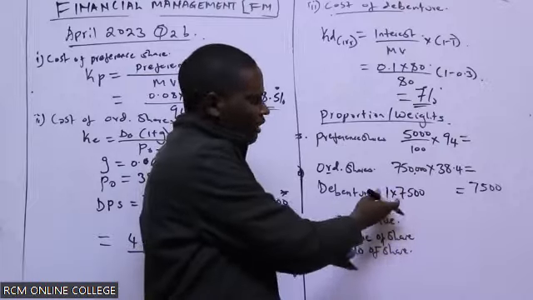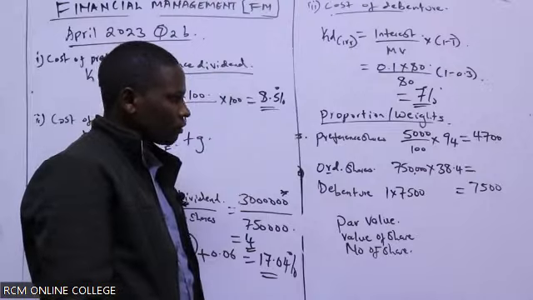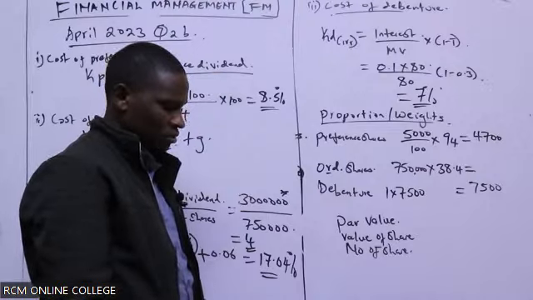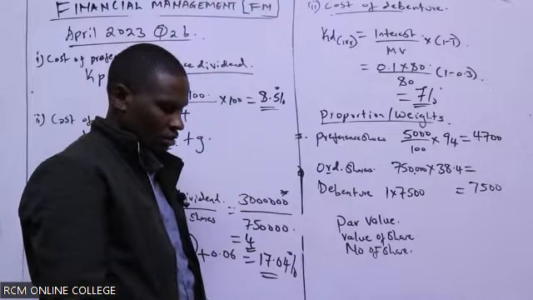Hiyo ingine nayo itakuwa mingi kabisa. Is it 750,000 times that? How much are you getting? Okay, ikuwe tu mingi ni sawa. Tutaona vile tutafanya. 28,800, yeah?